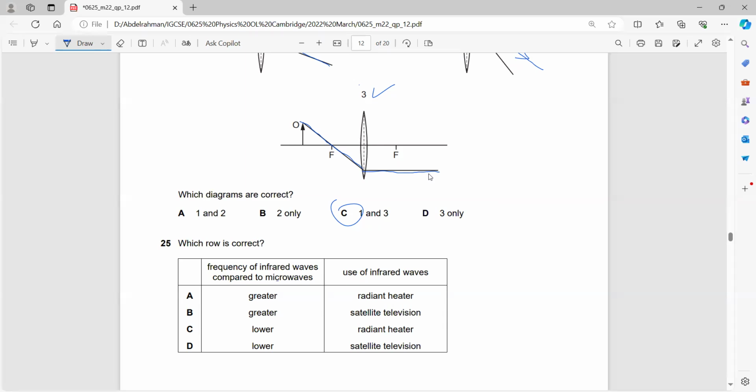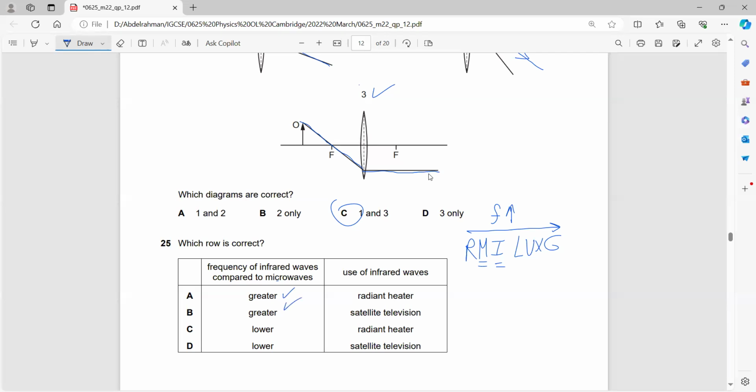Is the frequency greater or lower? As you're moving to the right, what happens to the frequency? The frequency increases. So the infrared has a greater frequency than the microwaves.